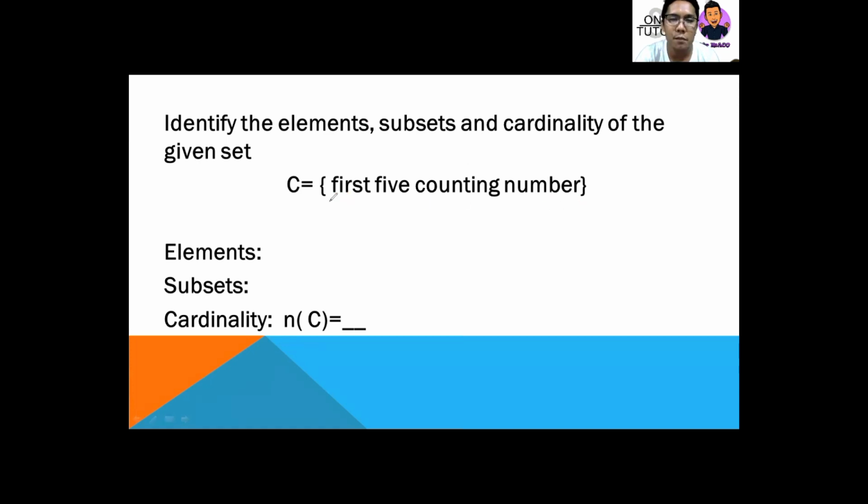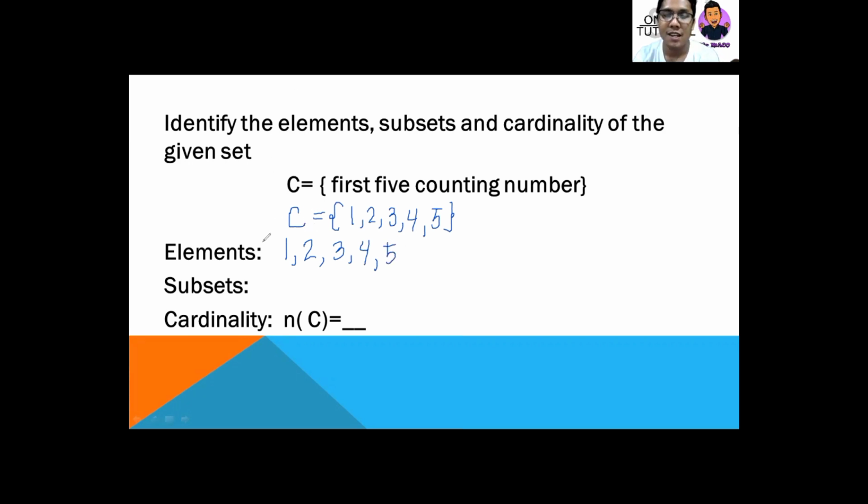If we write the elements of set C, we have 1, 2, 3, 4, 5. So these are the elements, right?